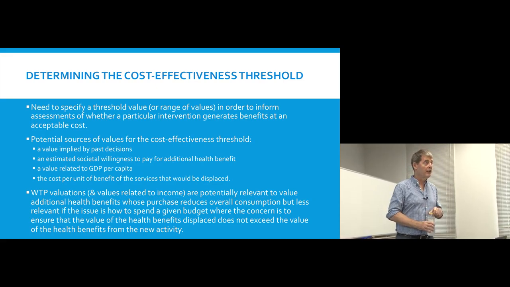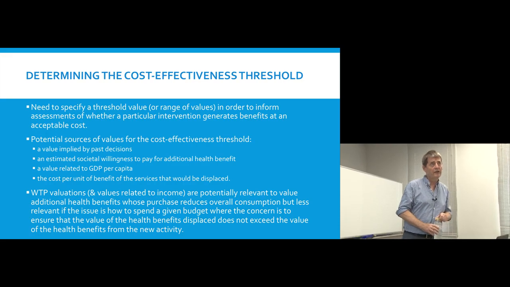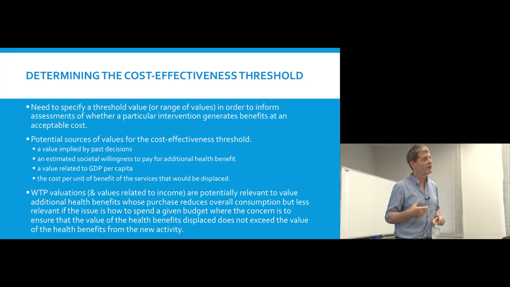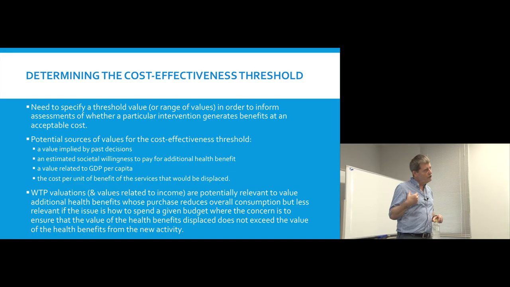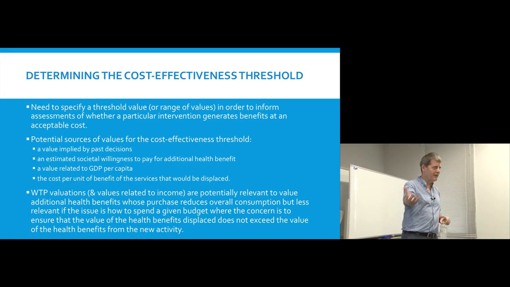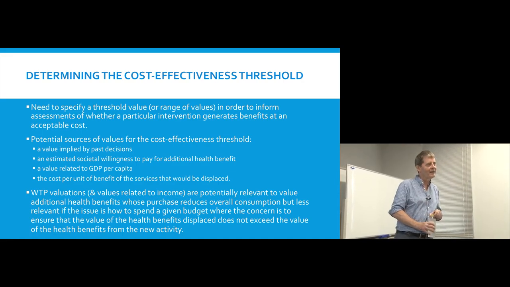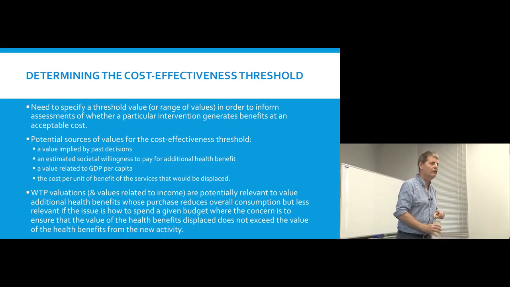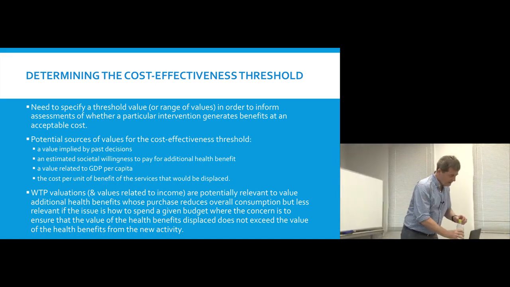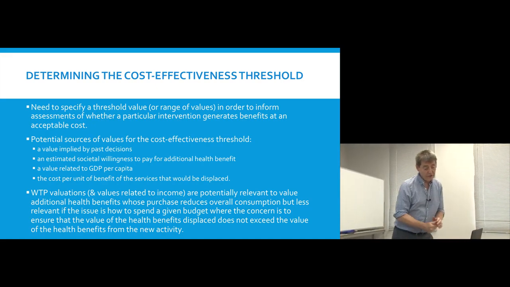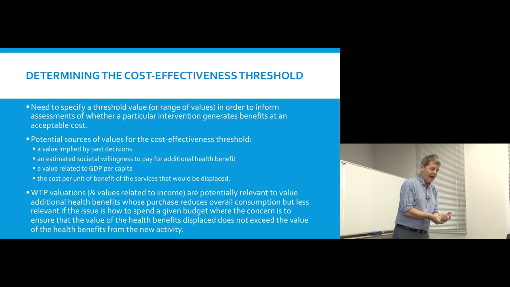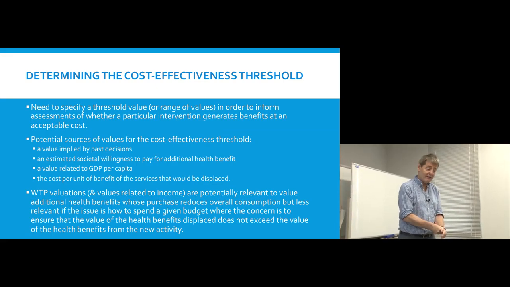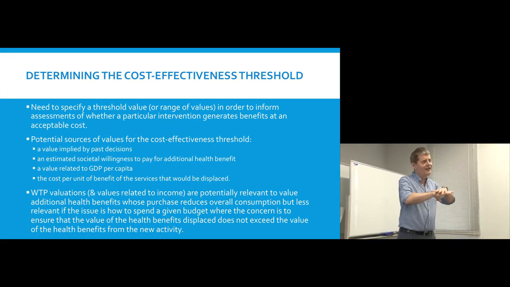So for example, in a context such as Japan, and certainly such as England, where the healthcare system is predominantly funded by taxation, how much are taxpayers willing to pay? How much more tax would they be willing to pay in order to get additional health benefits? Now, this approach has been used. The estimates cover a really wide range.